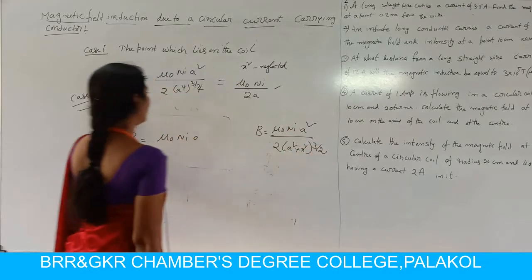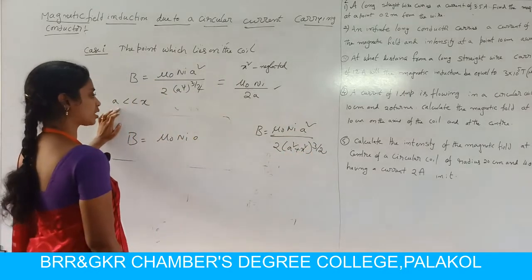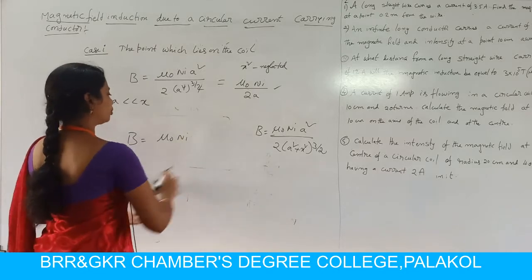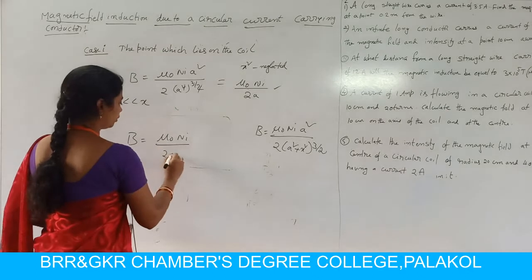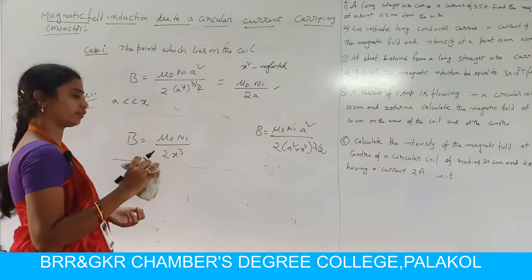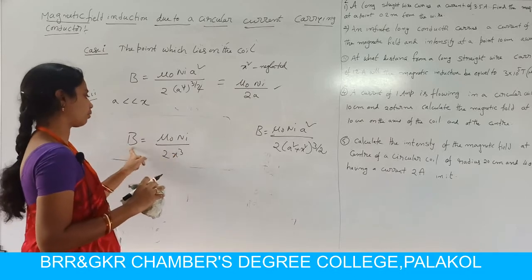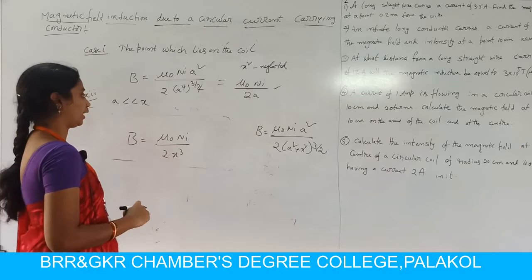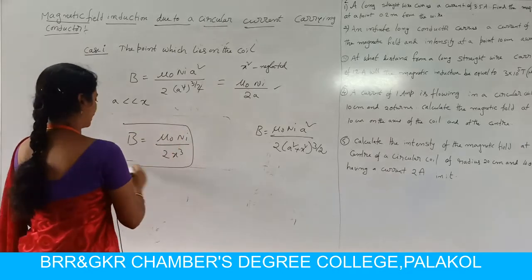Here a is negligible compared to x, so it reduces to B equal to mu naught N i a square by 2 x cube. This is the second case.